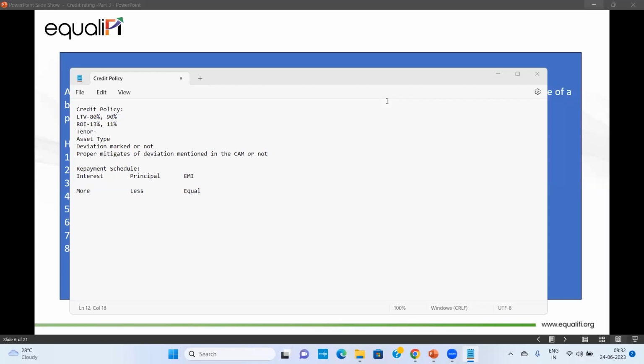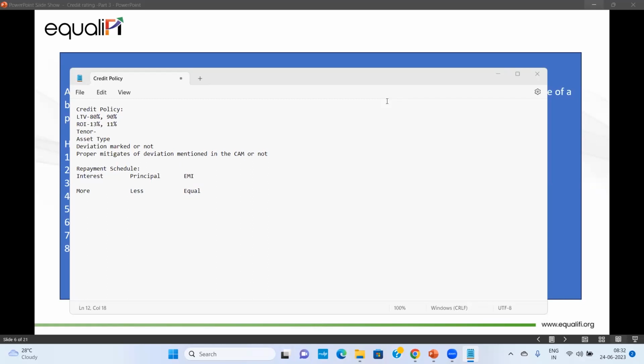Next one is hindsighting, where you see whether you have captured proper deviation or not. A particular case might have a deviation at L3, L4 level, which the underwriter has forgotten to capture.